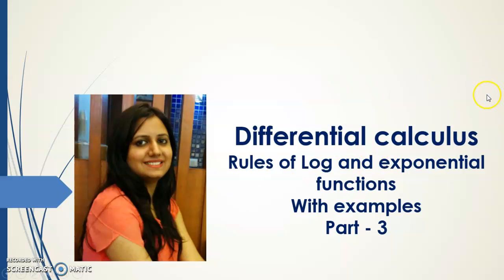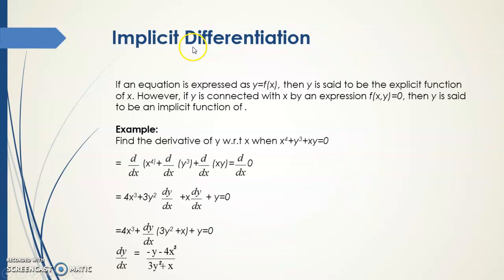So before jumping to the log function, first understand what is implicit differentiation. In the earlier examples also, you must have noticed that y was given as a function of x, that is y is equal to some function of x. All the equations which we have seen so far were explicit functions in which y was expressed as a function of x.